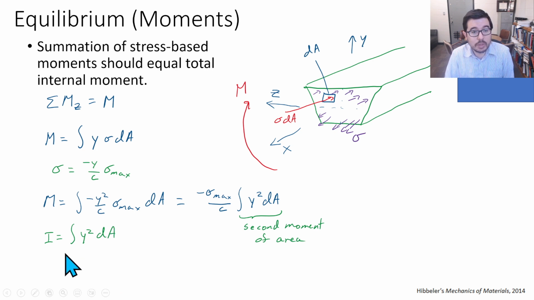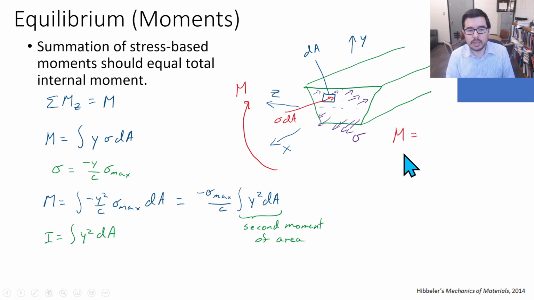And we use this I quite a bit when we're looking at bending stresses. Now, let's substitute in an I instead of writing this integral of y squared dA, and we're going to say that the internal bending moment is equal to minus sigma max over c times I.